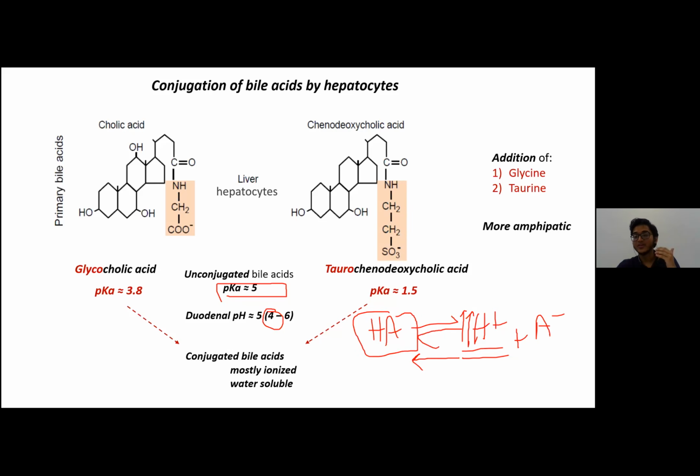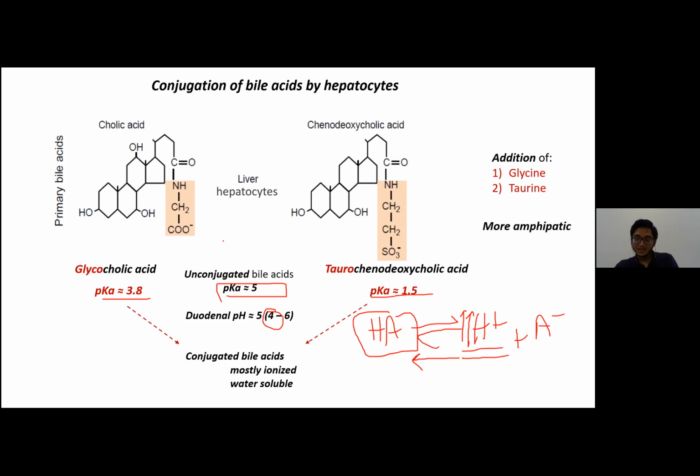And if you remember, the whole point of bile acid synthesis was to make it more soluble. And so you don't want it to be insoluble. So what we do is we conjugate bile with glycine or taurine to decrease pKa, which makes them more soluble. And I'll repeat this one more time.